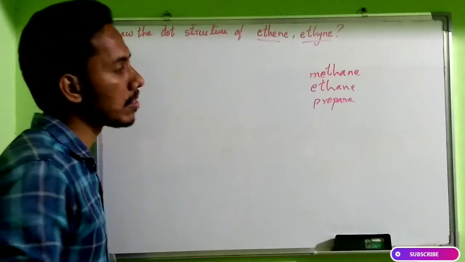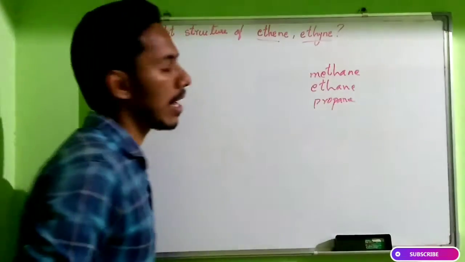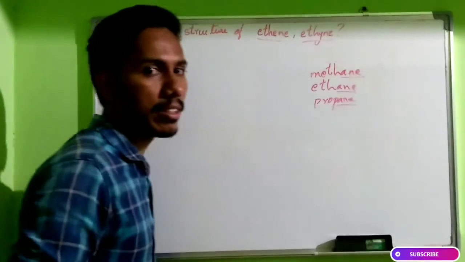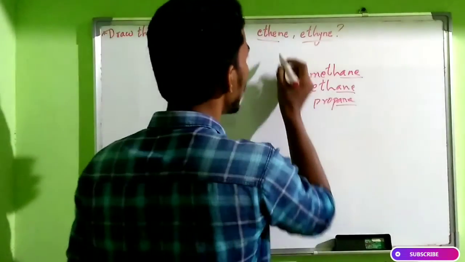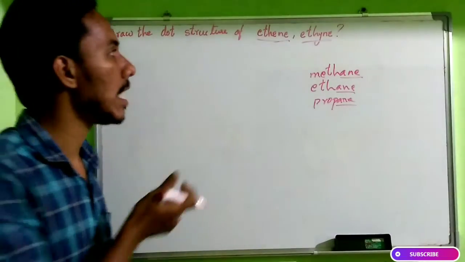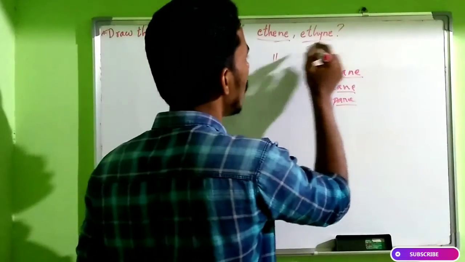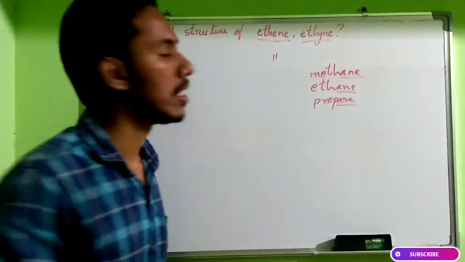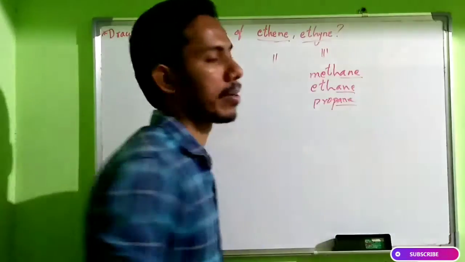In these three compounds, there is only a slight change. ANE stands for single bond, ENE stands for double bond, and YNE is for triple bond.